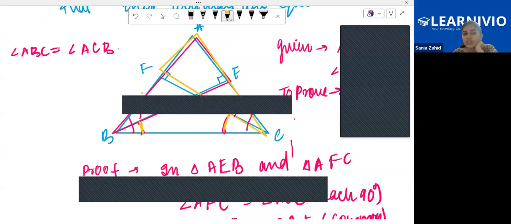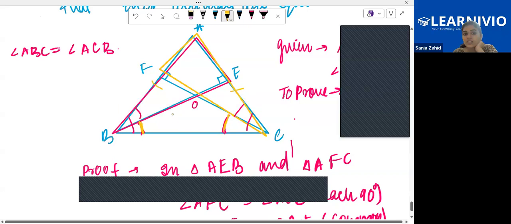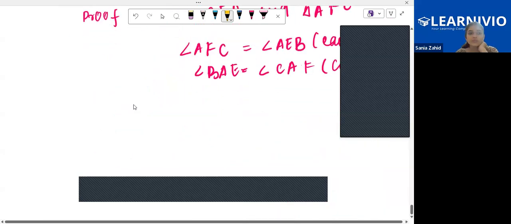See, can you not say that this line is equal to this line? AB is equal to AC. It is even given in the question. We have a right angle, hypotenuse, and side. You have the hypotenuse, you have the right angle, you have the side. So by RHS, you can say that these are equal.